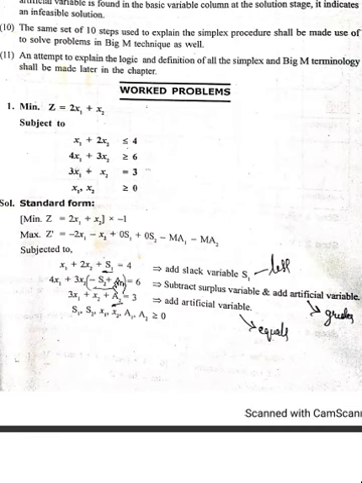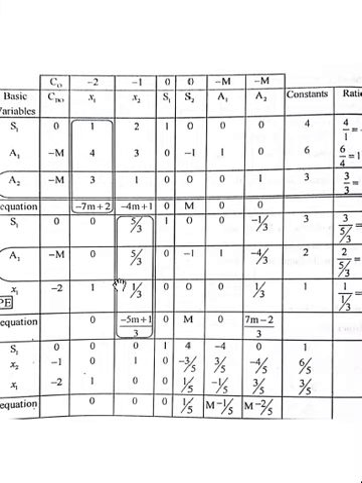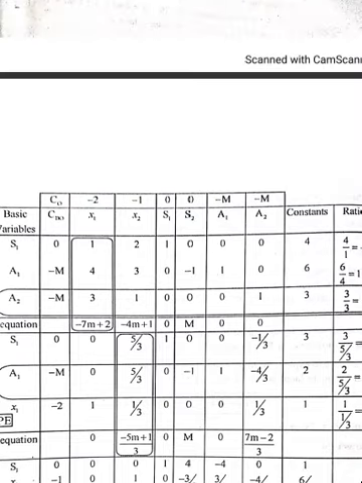One thing you need to remember: in the Big M method, when writing here we consider only the slack and artificial variables.